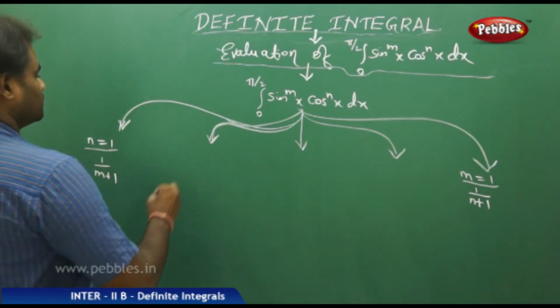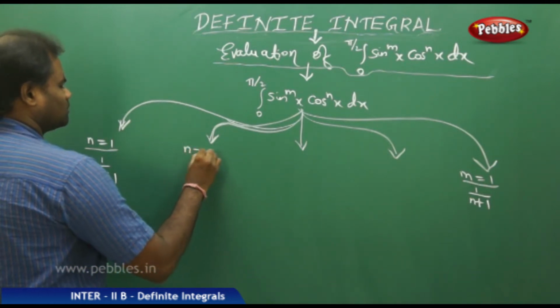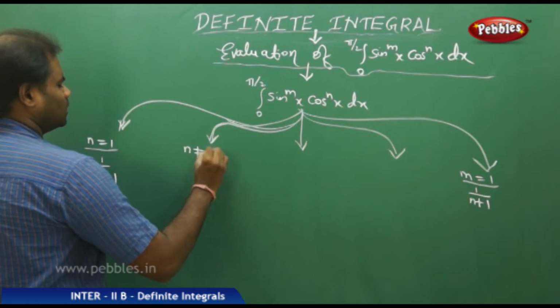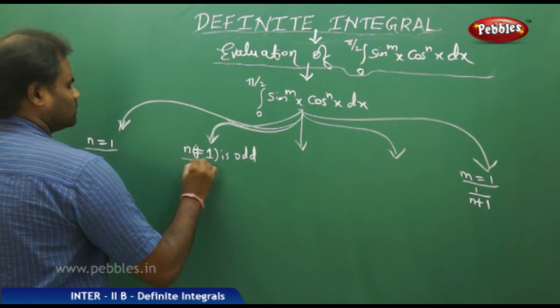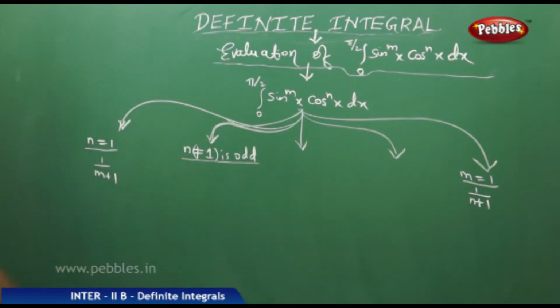Now similarly, if I take n not equal to 1 and n is odd, then let's see what will be the solution of this.